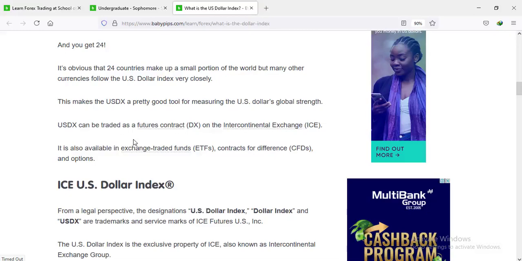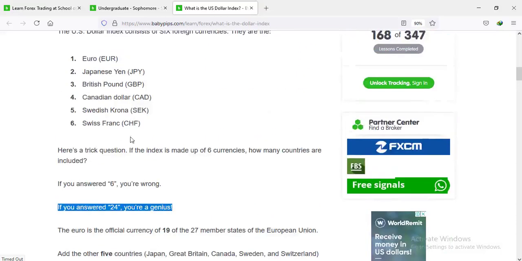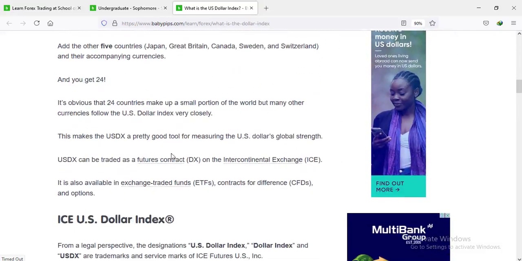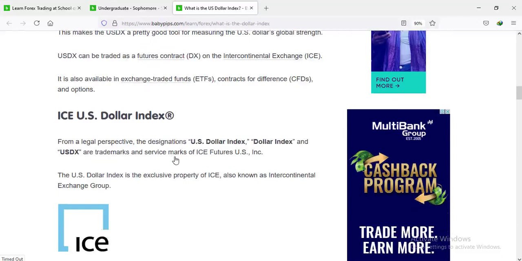You are from Russia, he is in Japan, and you are paying him in United States dollars, because the United States dollar is the reserve currency of the world. That is the reason why every other currency in this basket is traded against the United States dollar. So what is the ICE?